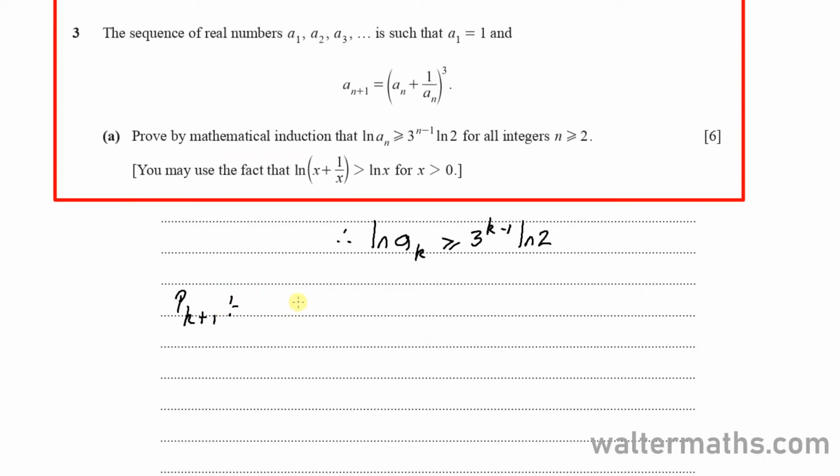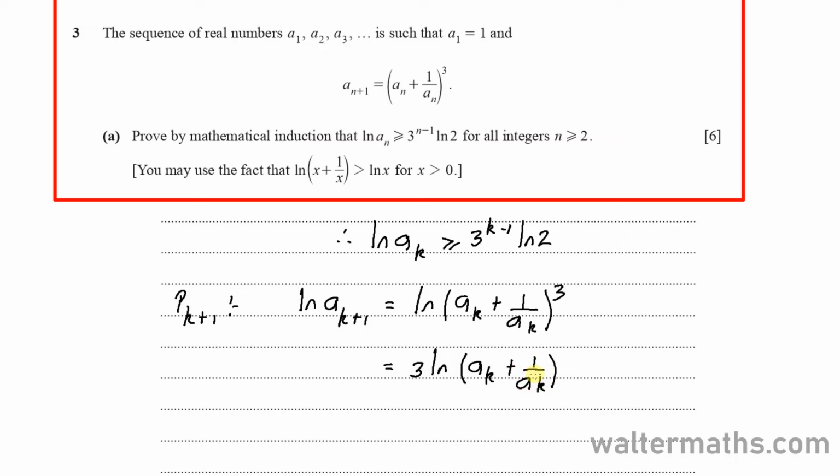Now this is going to be equal to ln of a sub k plus 1, which in actual fact is equal to ln of a sub k plus 1 over a sub k, raised to the power of 3. Now this is the same as 3 ln of a sub k plus 1 over a sub k.